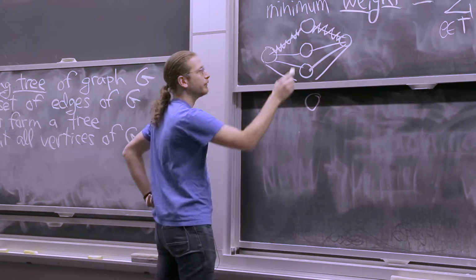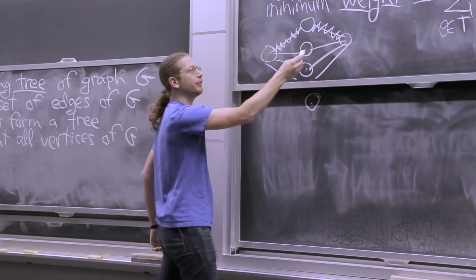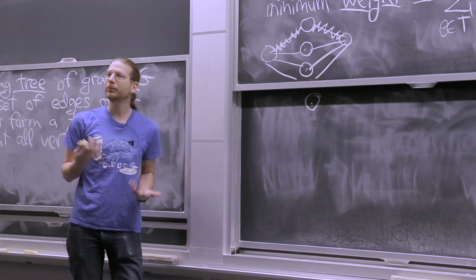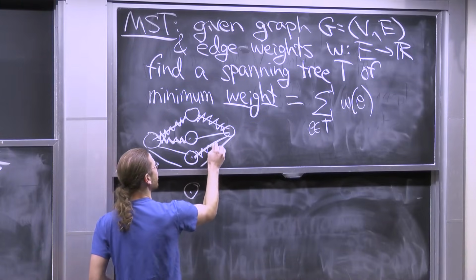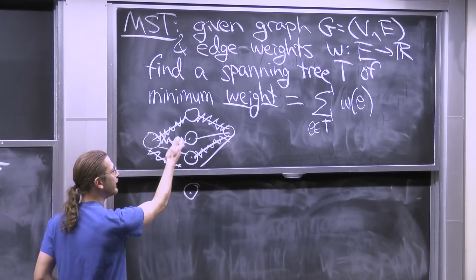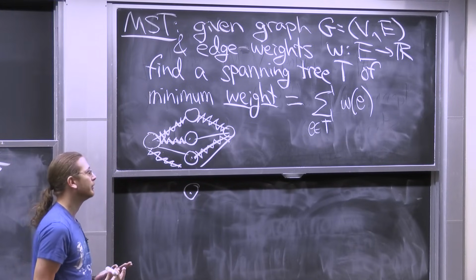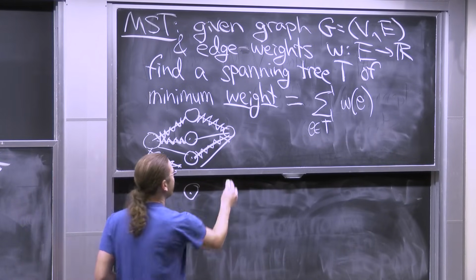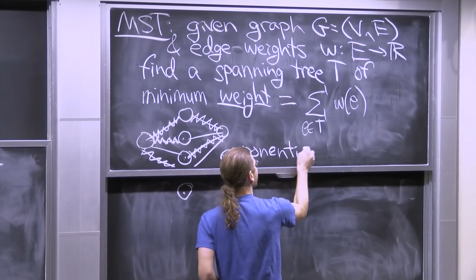And now for each of these vertices, we can choose whether it connects to the left vertex or the right vertex. It can only do one, but it can do either one independently. So maybe this guy chooses the left one, this one chooses the right one, this one chooses the left one, and so on. If I have n vertices down here, I have 2 to the n different spanning trees. So there can be an exponential number. So that algorithm is not so good.